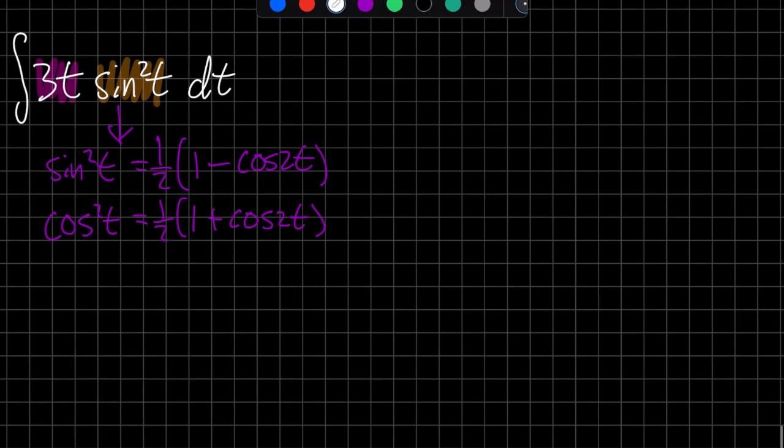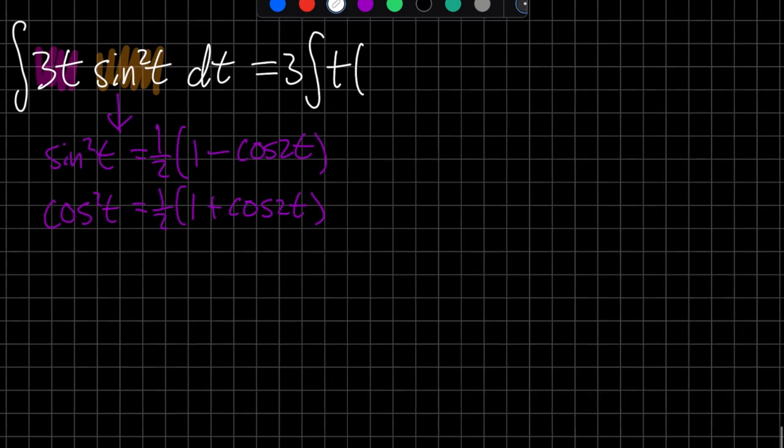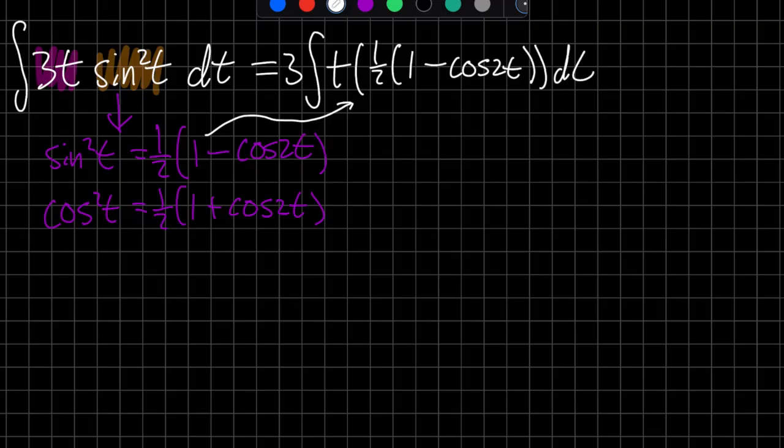So with that being said, we can rewrite our integral. We can bring the 3 out because it's a coefficient. We have t times, and we're going to write this whole thing in parentheses: 1/2 (1 minus cosine 2t) dt.